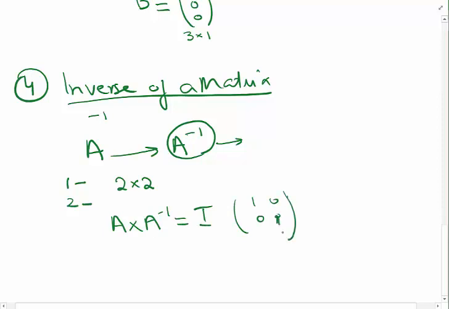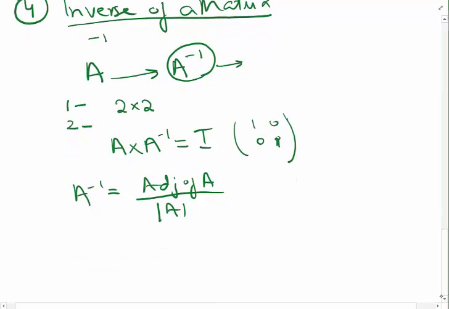Alright, now let's talk about finding an inverse. The formula for finding an inverse is adjoint of matrix A divided by determinant of A. So the formula for finding inverse has two components.